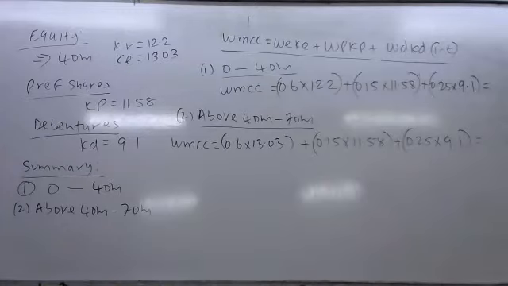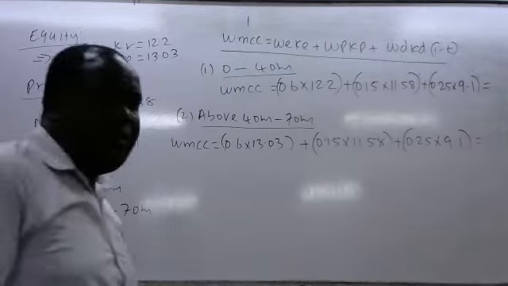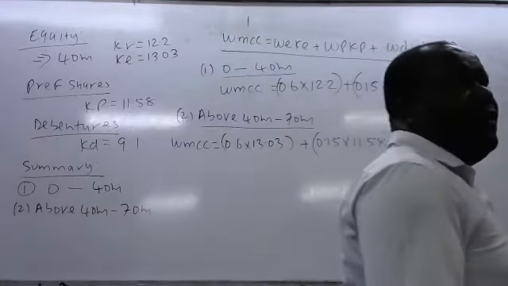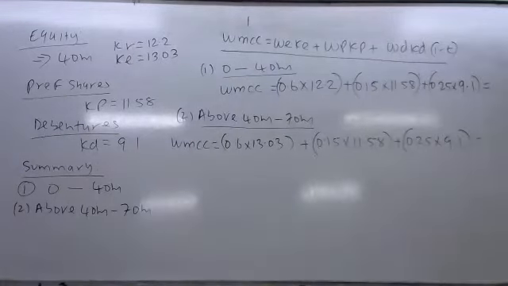How to compute the weighted marginal cost of capital. So we now go to the Roman letter 3. They were asking that Dynasoft Limited has the following potential investment opportunities.